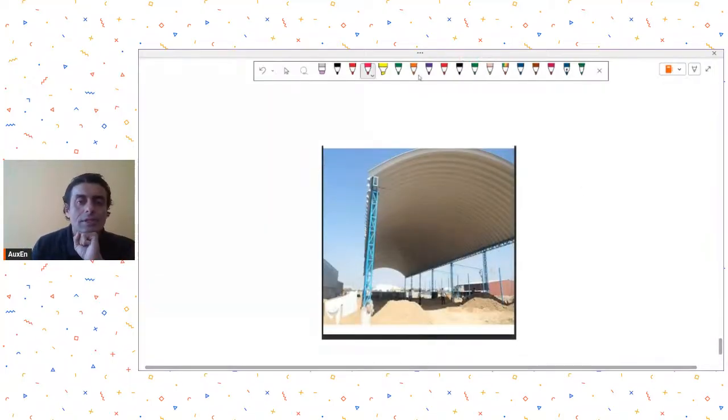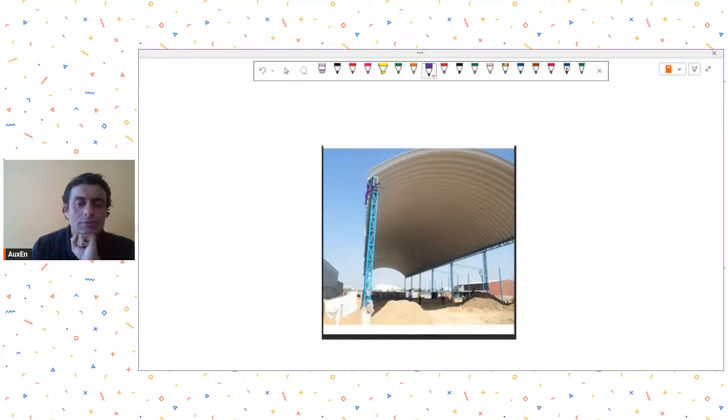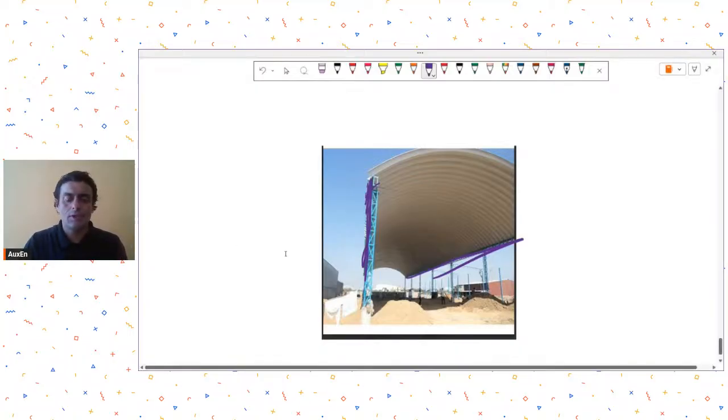So that's what I'm saying. You apply the UDL on this beam that is going along the length. You apply the UDL on this beam, and then from there it will get transferred to the column. So do it like this. Okay, very nice. Then we have the next query.